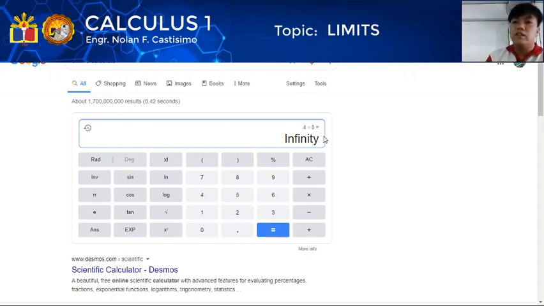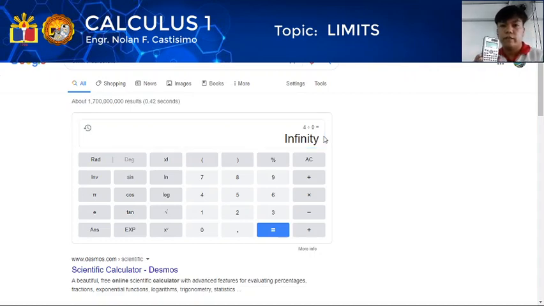Pero kapag dito, ayan, sa scientific calculator natin, ang lalabas dyan, i-input ko, 4 divided by 0 is equivalent to, kita nyo ba? Math error. So, sa scientific calculator, any number divided by 0 is math error or infinity.